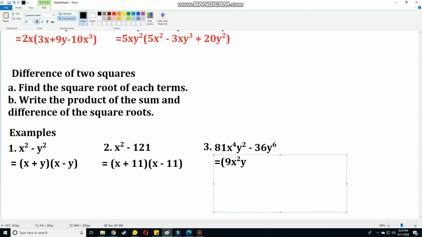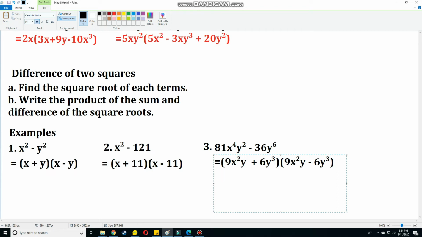And then, let's have the sum. This would be the quantity of 9x squared y plus, what's the square root of 36? Square root of 36, that's 6. 6 times 6 equals 36. And what's the square root of y to the 6? That's y cubed. So let's have the sum, and then the difference would be 9x squared y minus 6y cubed.